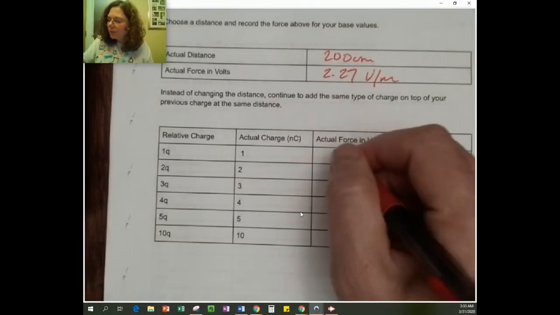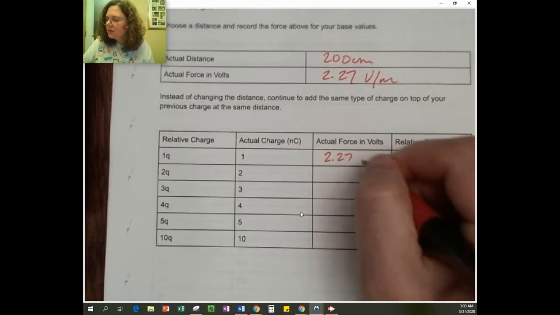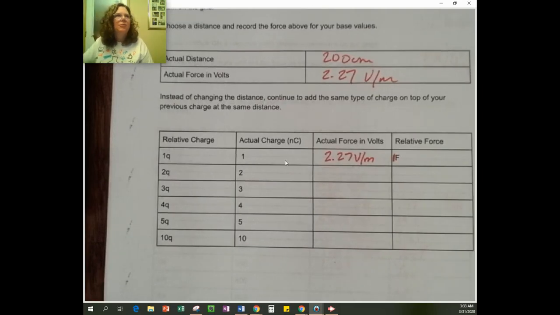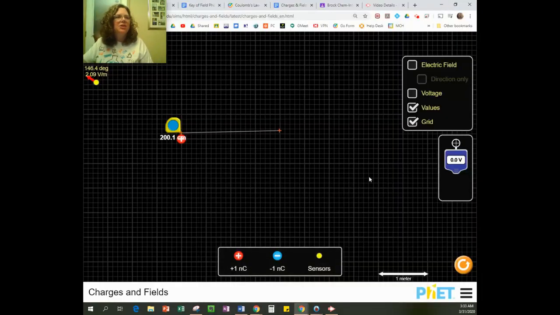So now we're going to put this here, 2.27 volts per meter, and that's going to be our 1/4. So we're going to represent everything from that. We're just seeing how that changes right there. All right, so 200 meters, I probably should have put what this was. Oh, there we go.